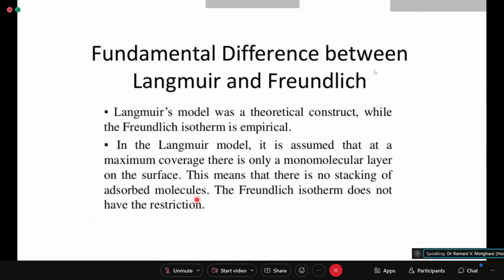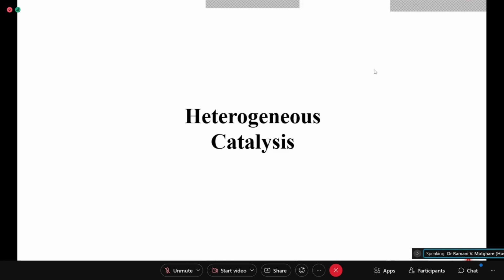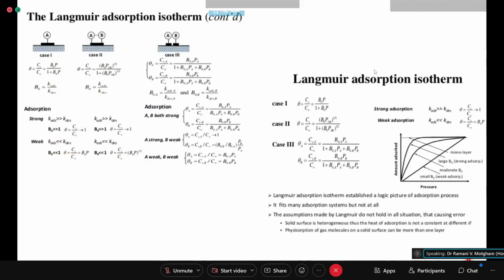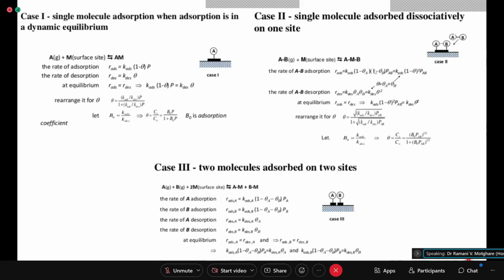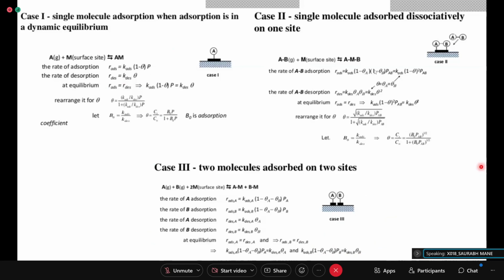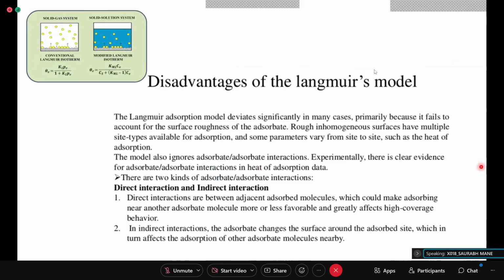The Freundlich isotherm does not have this restriction, and it is seen that stacking takes place even in chemisorption. That is all. Okay, so you have intermediate number of things in this particular PPT, which you may read. It is the same thing we had discussed in this derivation. So these two derivations are there, the Langmuir derivations.